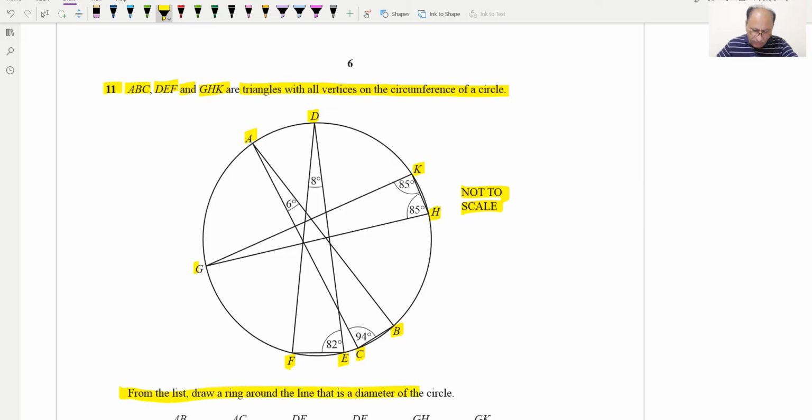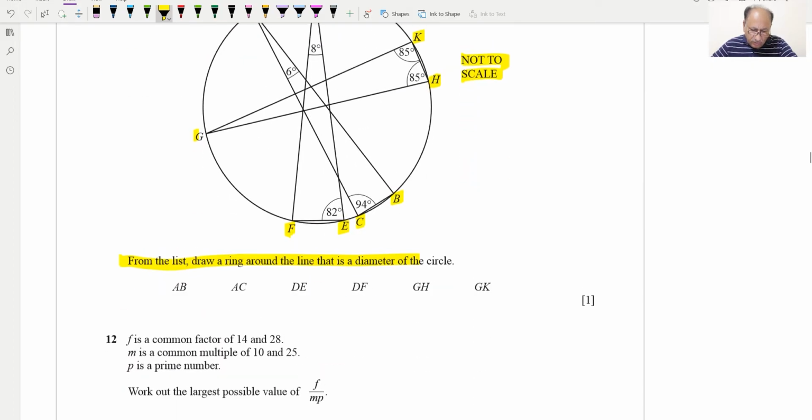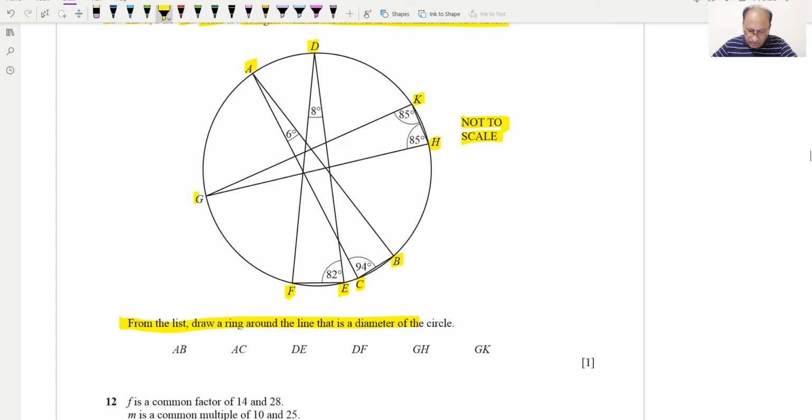From the list, draw a ring around the line that is a diameter of the circle. So the diameter of the circle is basically required.